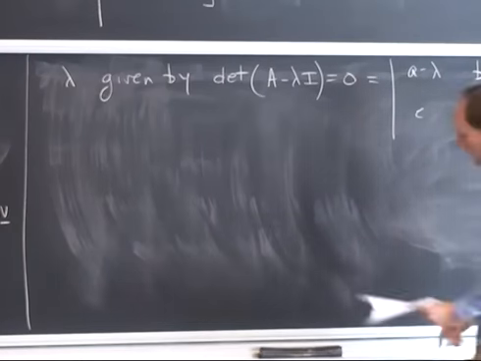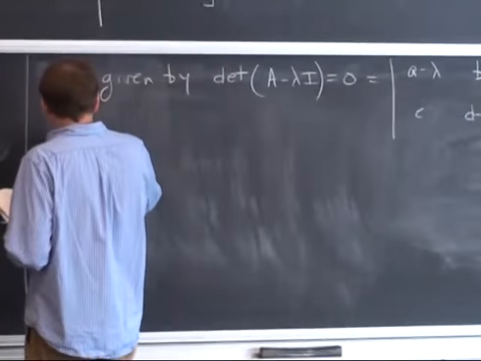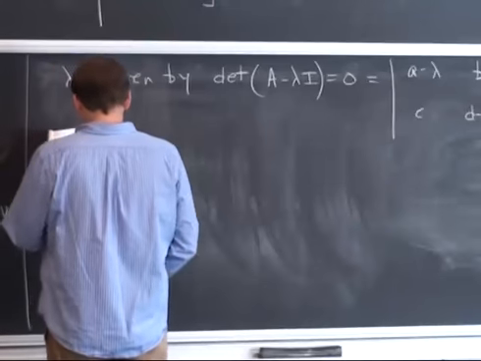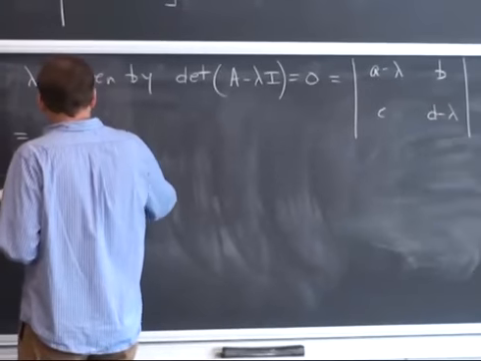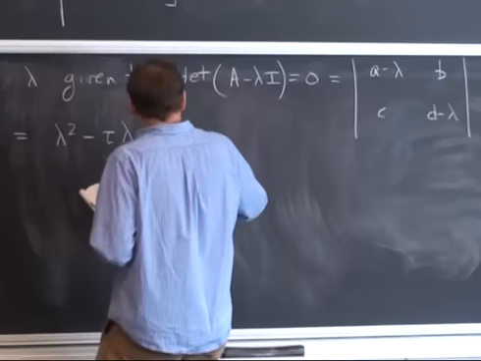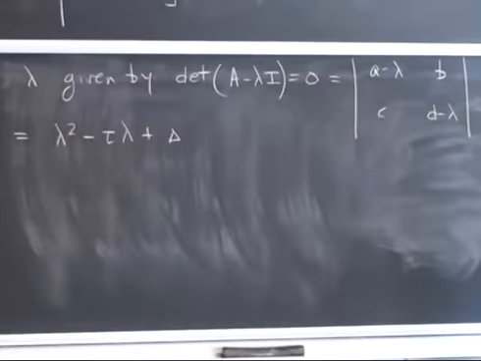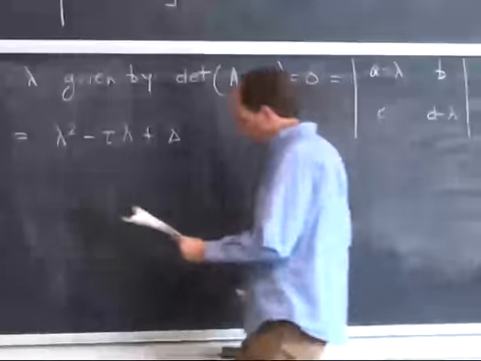And then calculating that determinant, this comes out to be lambda squared minus tau lambda plus delta, where I'm introducing notation that we're going to use frequently, that tau is the trace of this matrix.